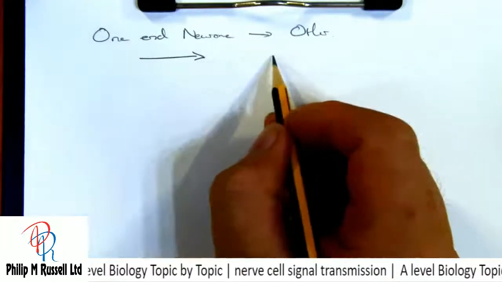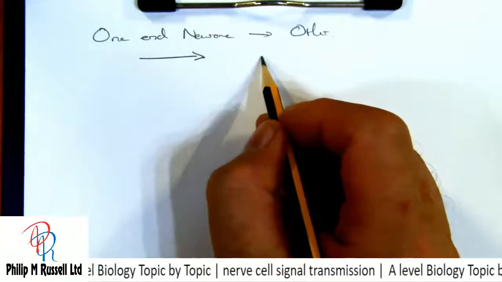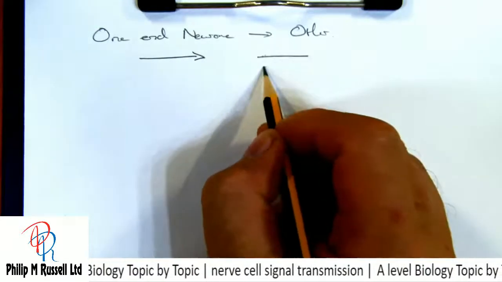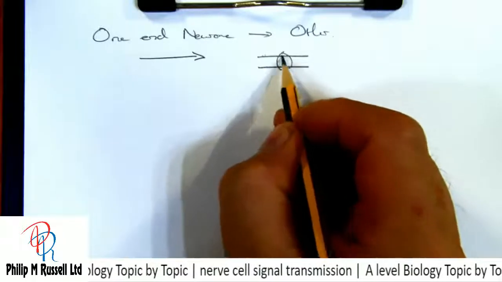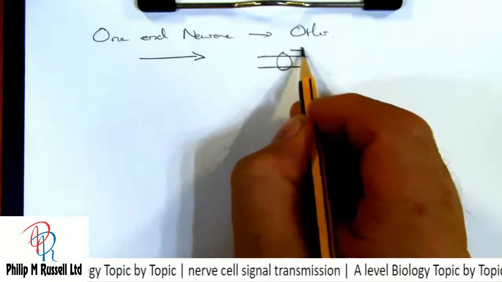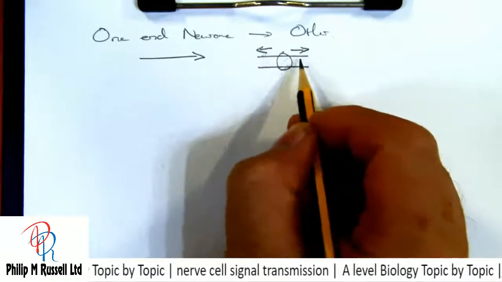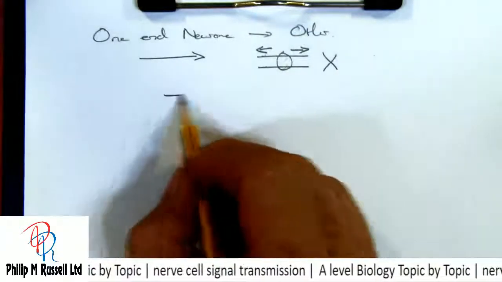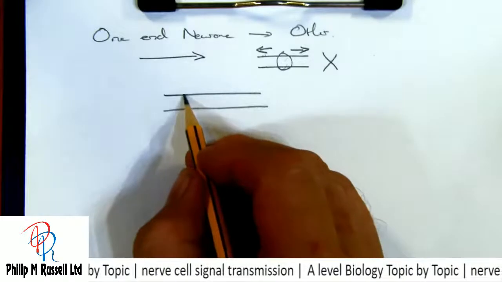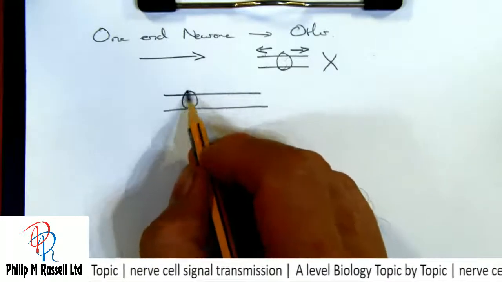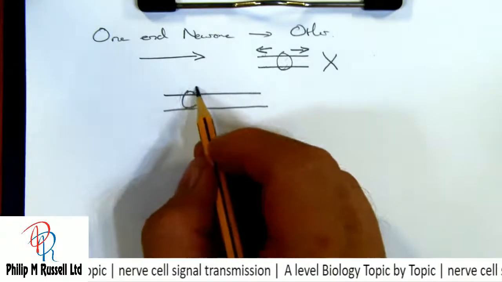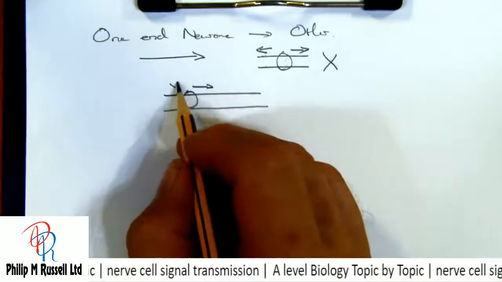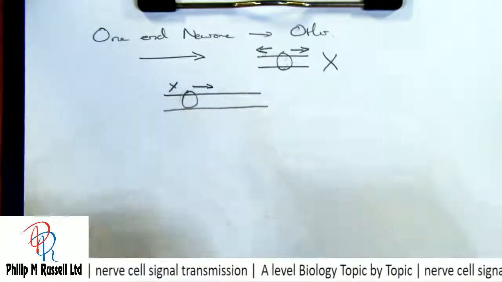You don't want it to suddenly take a piece of nerve, depolarize this and send the signal in both directions. That is certainly what we don't want. What we need is our signal that's all happened here to go this way and not to be able to go the other way.